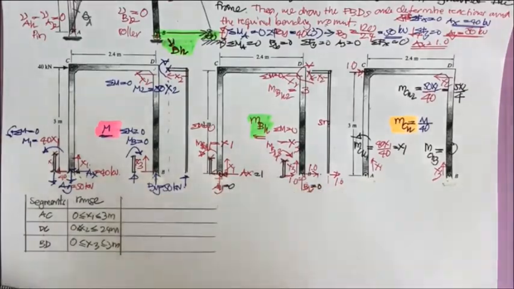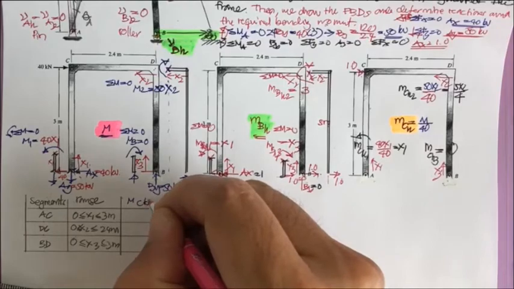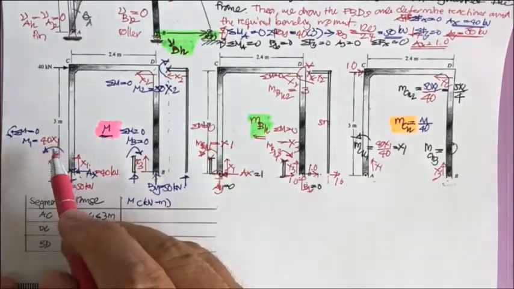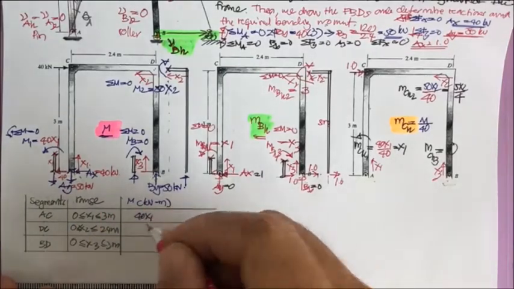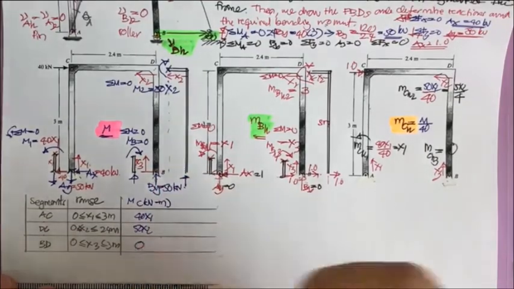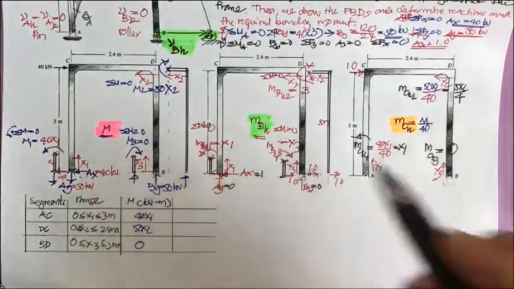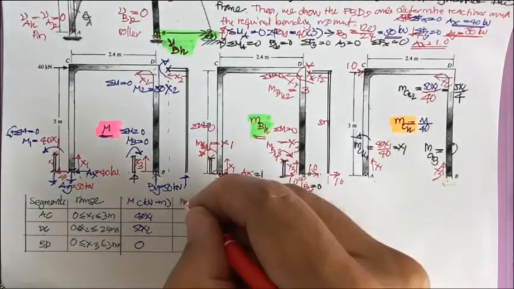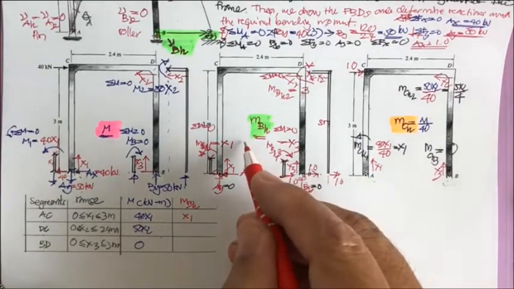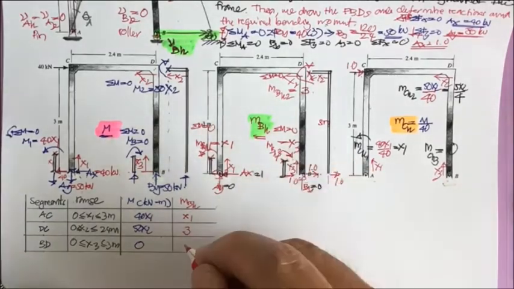Then we have the equation of the moment, M in kilonewton meter. This is 40x1, this is going to be 50x2, and this is 0. And you have this m sub BH: that is going to be x1, this is going to be 3, and this is going to be x3.